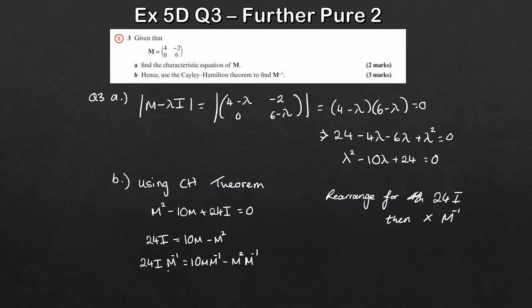Remember when we're timing through by M inverse, we multiply each part of this by M inverse.